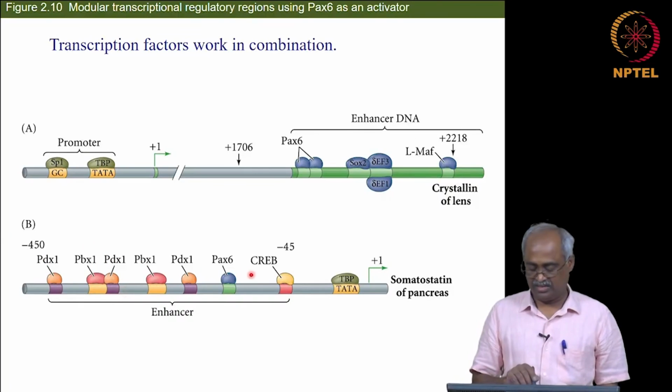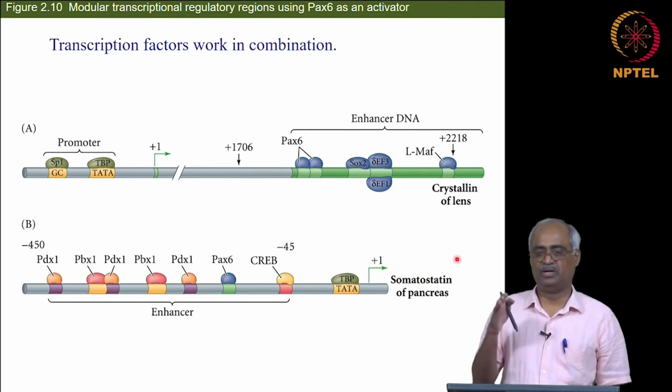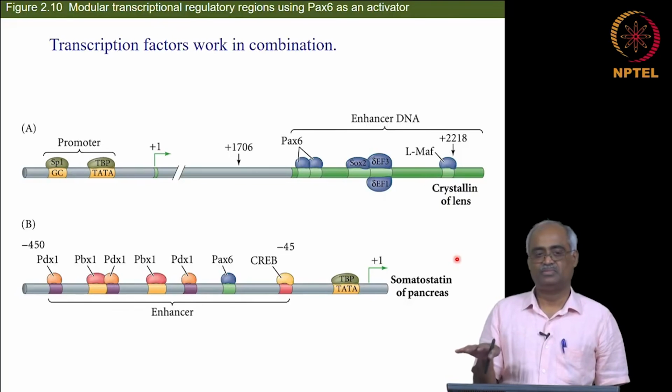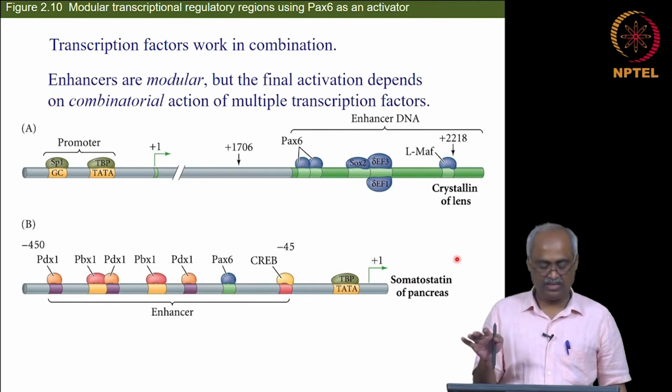Only when all 3 are there will this somatostatin transcription happen. So, enhancers are modular and transcription factors work in combination in each of those modules. Is this clear? So, I will stop here.